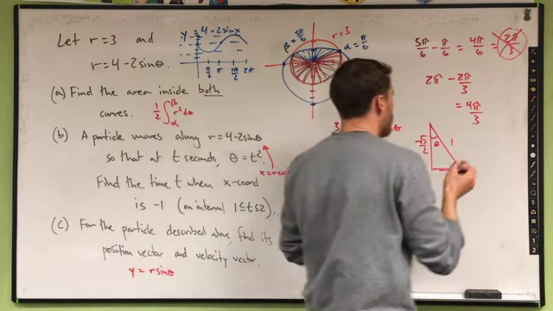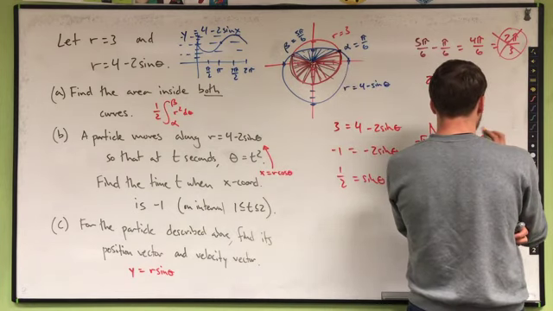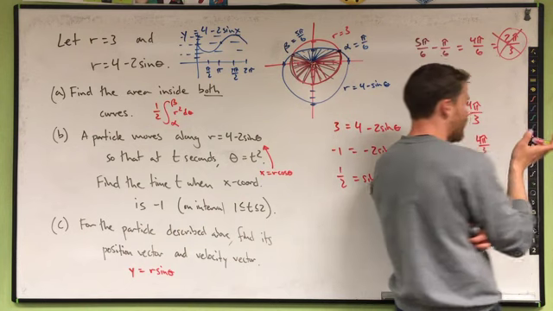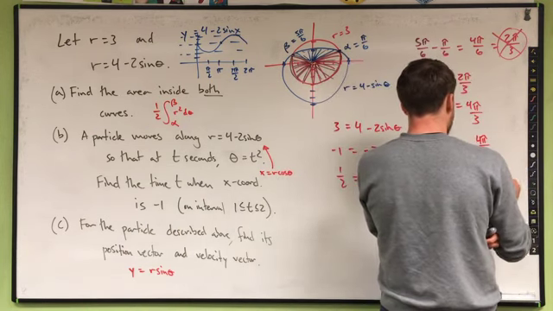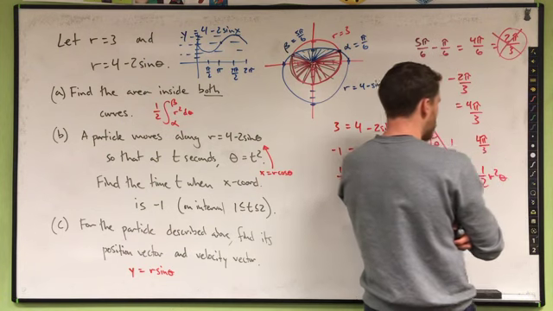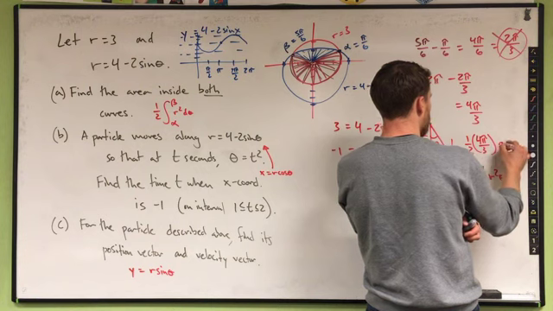So basically, I know that I need to take 4 pi thirds and plug it into my area of a sector formula, which is just 1/2 r squared theta. So it should just be 1/2 times theta times r squared, which is just 9.